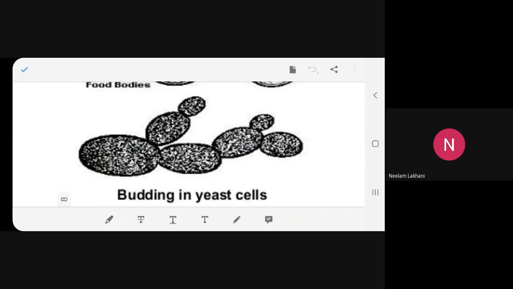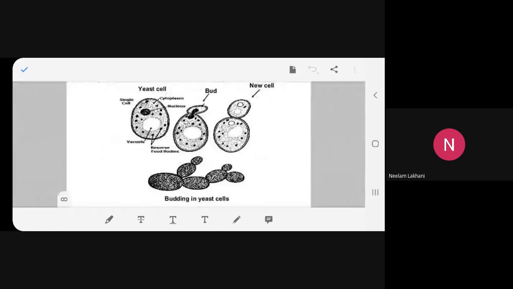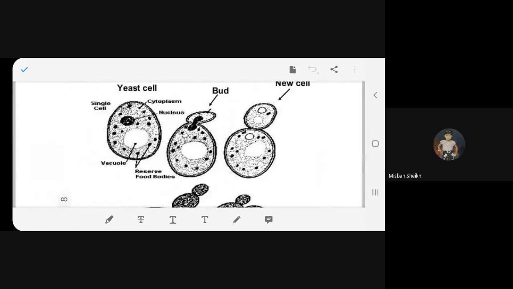Any problem? So all of you have understood? This is the mechanism that overnight the milk changes into curd, which is called budding by yeast.